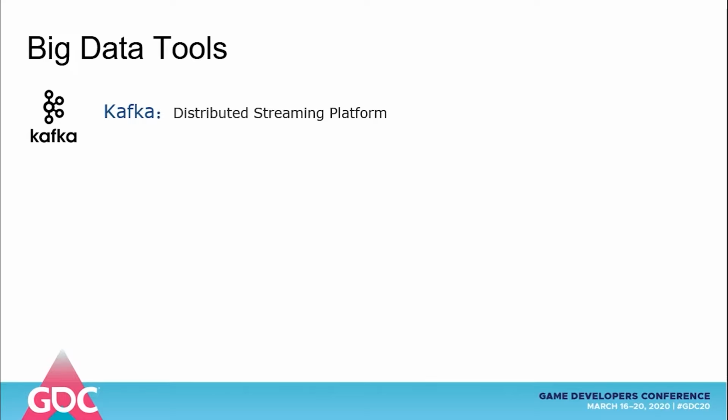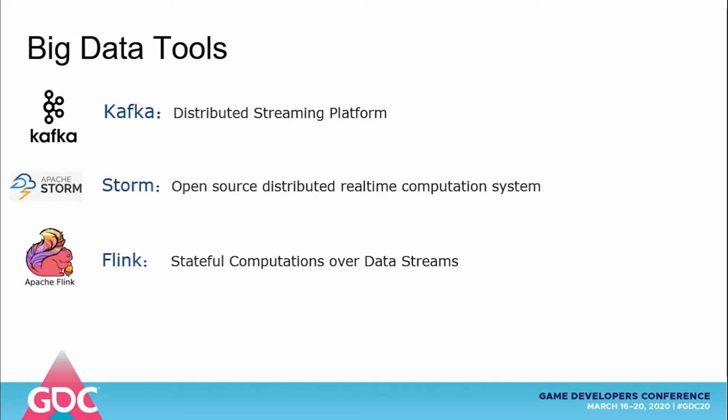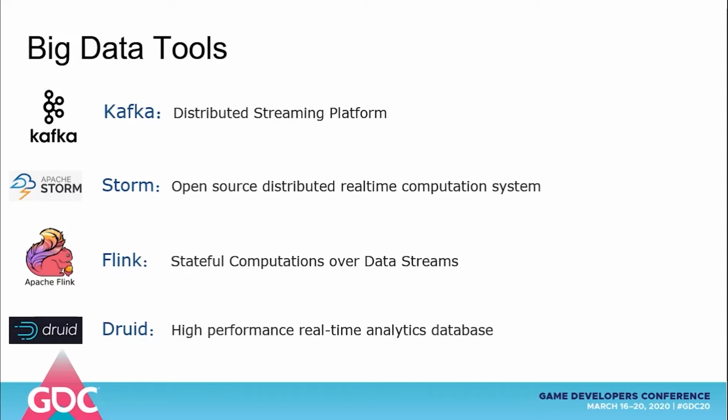Kafka is a distributed streaming platform which can be used for log transferring and temporary storage. Storm and Flink are systems for real-time data computations, and Druid is a real-time analytics database. The specific functions of these tools will be explained later.